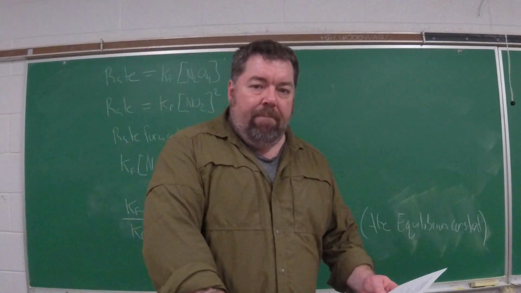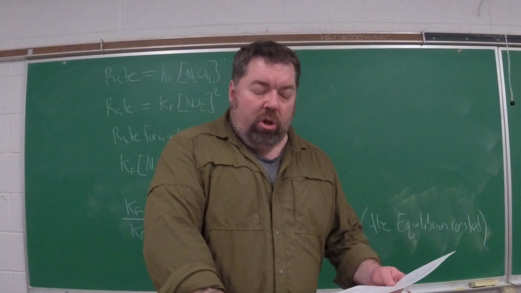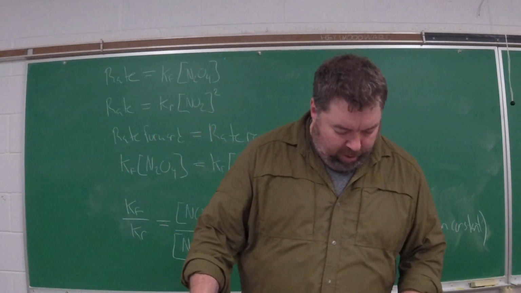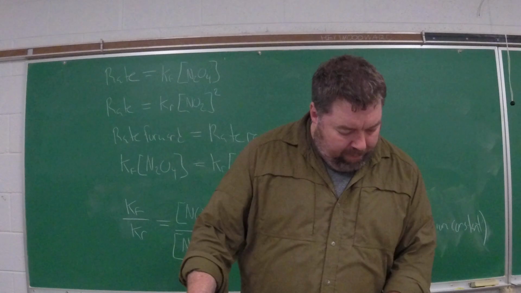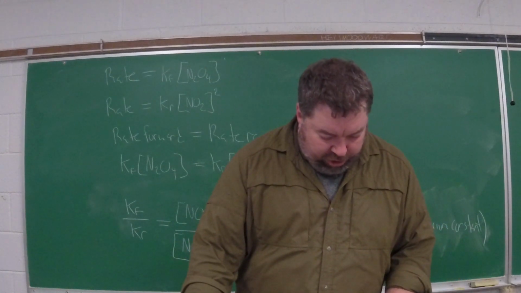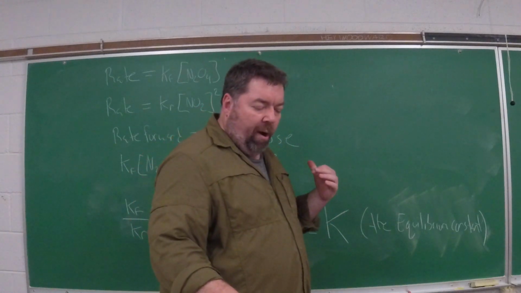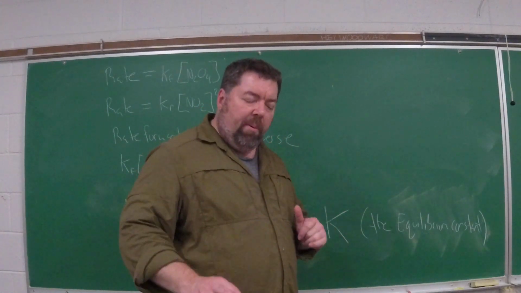Let's examine equilibrium a little bit more closely. I want to take a look at figure 15.2 on page 613. I'm going to quickly draw it on the board, but we want to just talk about equilibrium a little bit more.